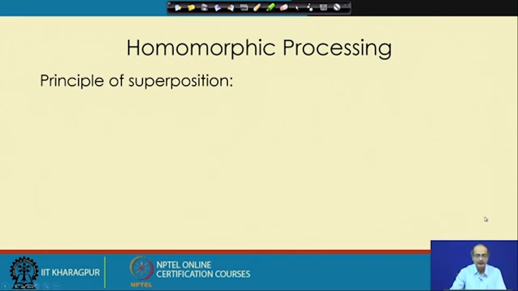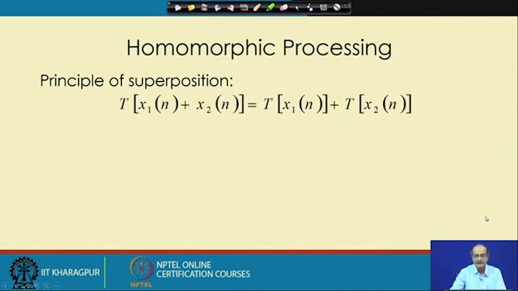Now we look into it more precisely. First we look at the principle of superposition. It suggests that if we have two constituent signals x1 and x2 and the operator is addition, we get a resultant signal x1 plus x2.